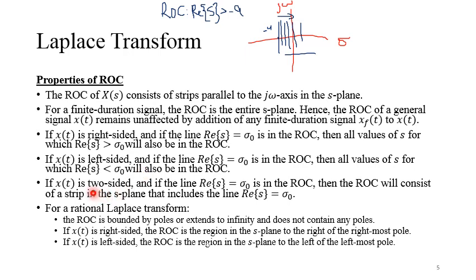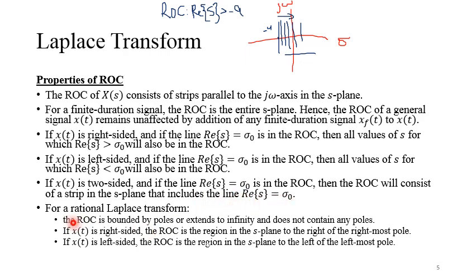If x of t is two-sided, that means it exists on both axes of time, and its region of convergence contains sigma naught, a point, right? Then the ROC will consist of a strip in the S plane that includes this line.